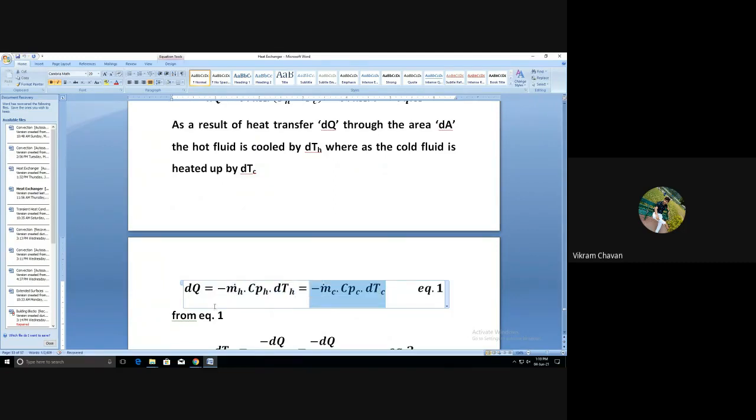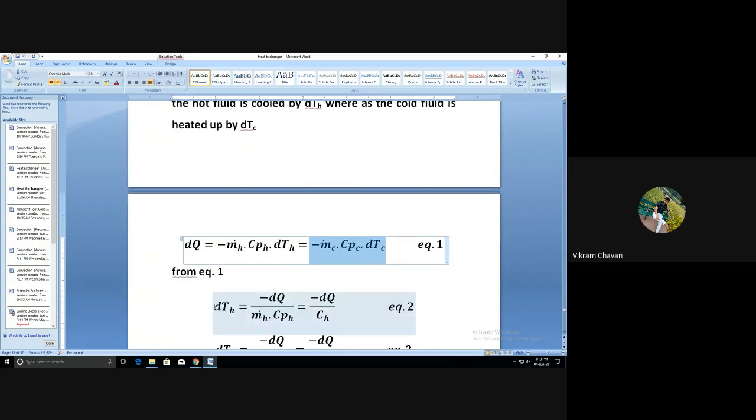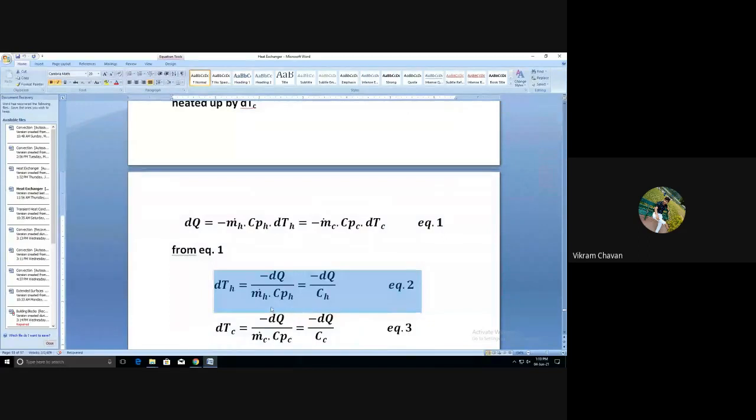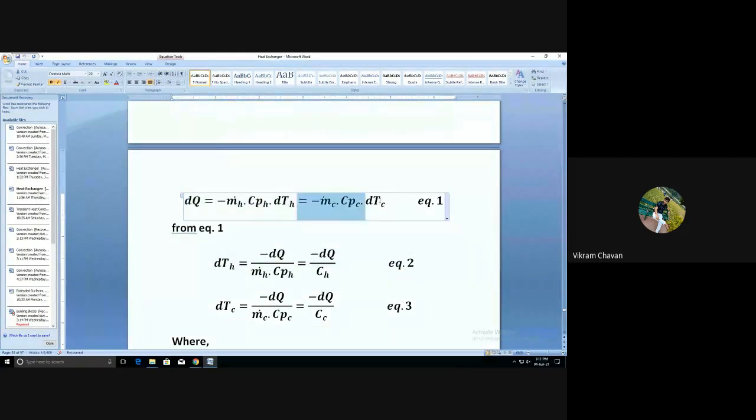Okay, then further from this particular equation we can write dTh, which will be equal to minus dq divided by m dot h multiplied by cph, and which will be equal to minus dq divided by c suffix h. Okay, so from the first part, and from the second part we can write dtc. dq is equal to minus m dot c multiplied by cpc multiplied by dtc.